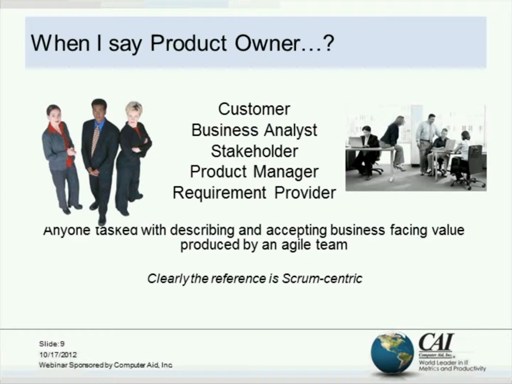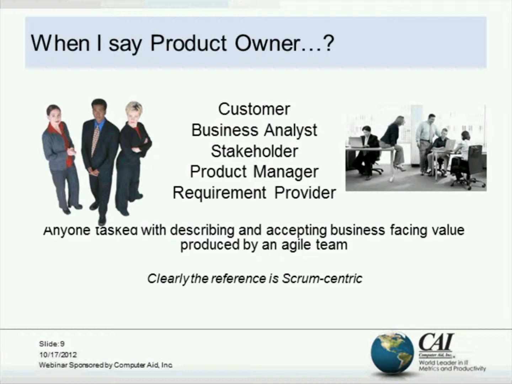But when I say product owner, it's a classic Scrum definition, which is that liaison to the business. I'll use some terms. It could be a customer. It could be a business. I've seen business analysts operate in the role of the product owner. The stakeholders can be a product owner.